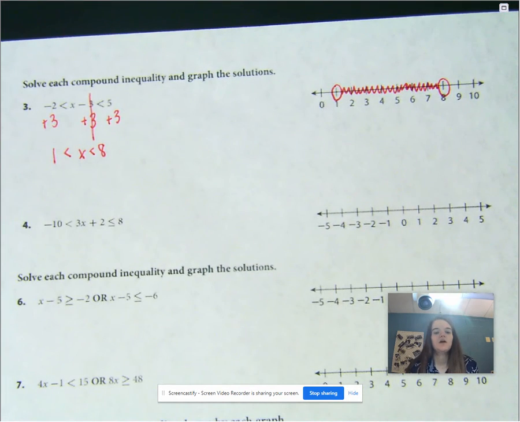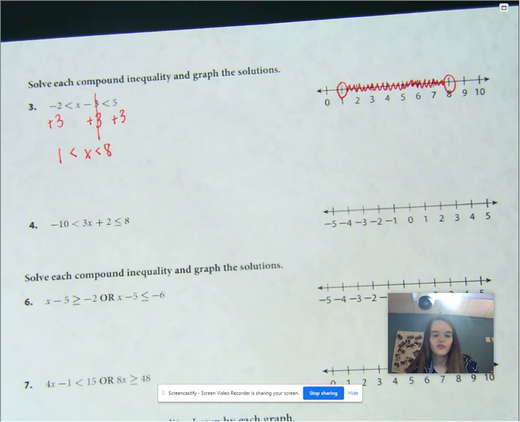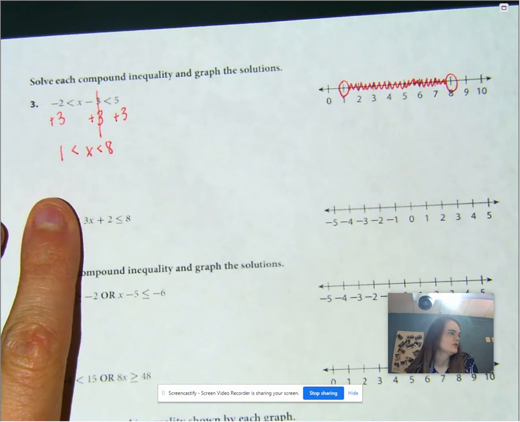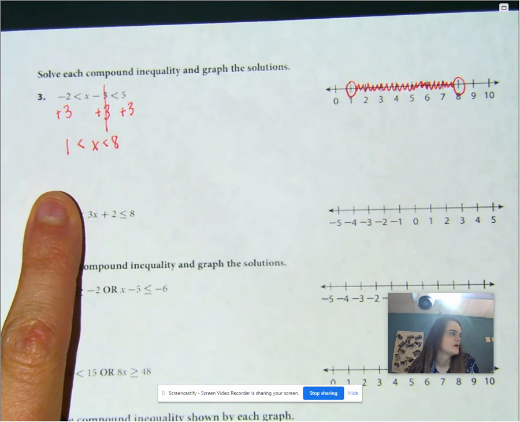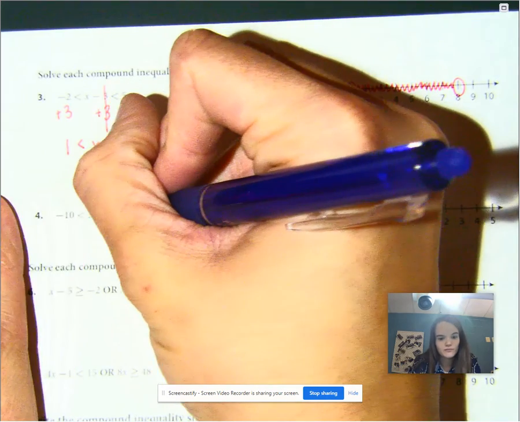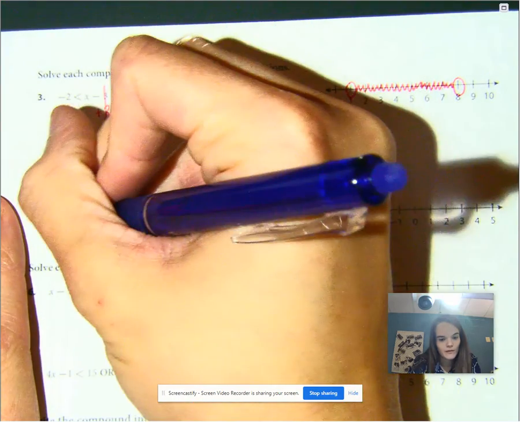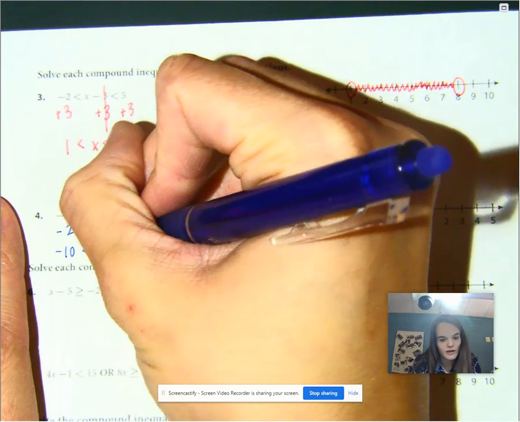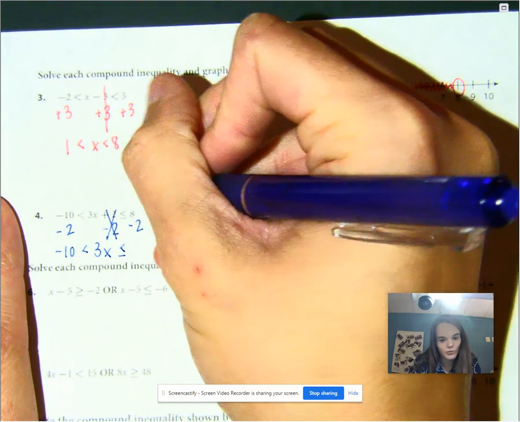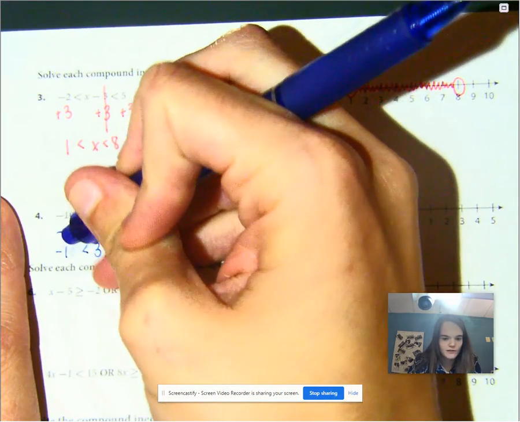Okay. Pause the video, try number 4. This is the second day of this, so hopefully it's kind of a review for you. If it's not, make sure you're paying attention so you understand. Remember, if you need help, don't know what to do, cover up the left side. We'll subtract 2. Negative 10 is less than 3x, is less than or equal to, not negative 10, negative 12.